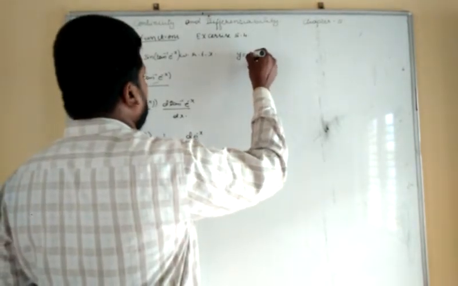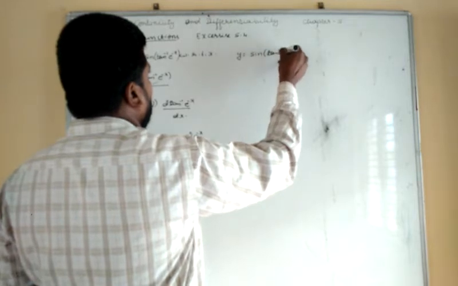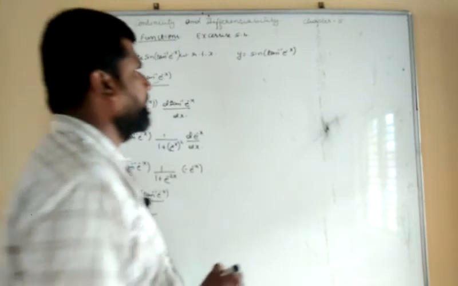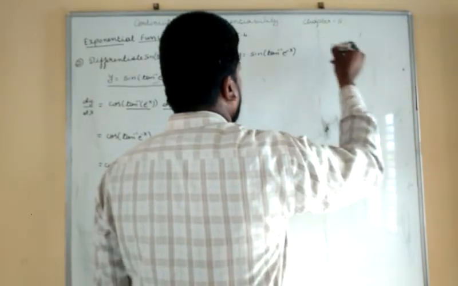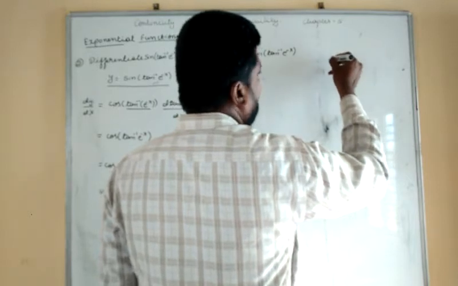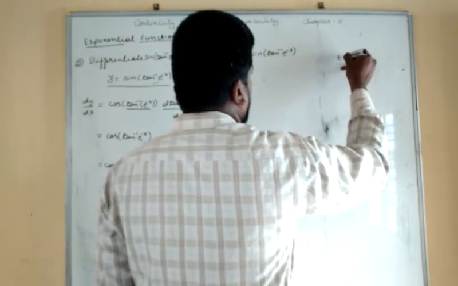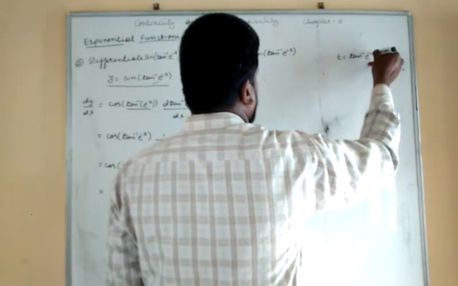Y is equal to sine of tan inverse e to the power of minus x. Let us substitute t is equal to tan inverse e to the power of minus x.